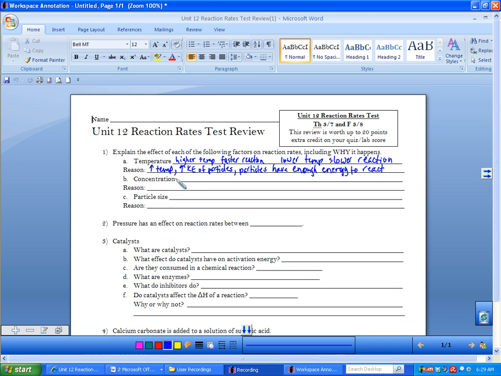Okay, concentration, higher concentration, meaning more particles present, will give us a faster reaction. If we have a lower concentration, meaning less particles present, slower reaction.